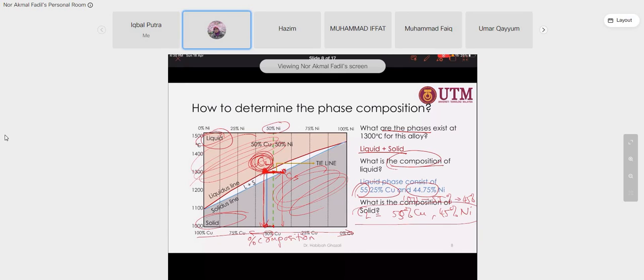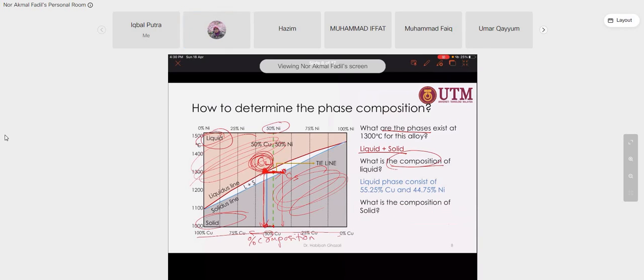What is the composition of solid? Anyone? Copper.